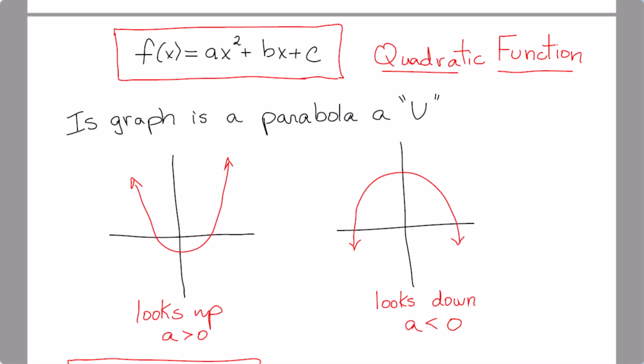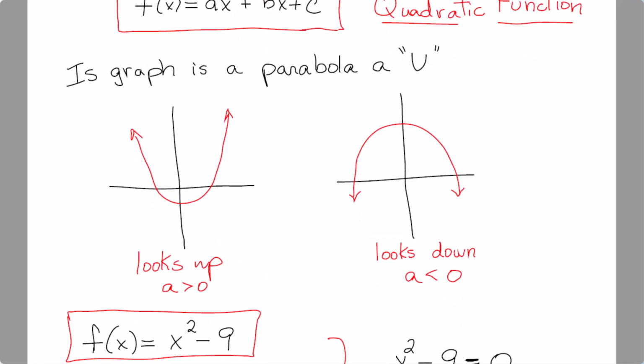That's all a quadratic function can look like, is a U shape. The lead coefficient tells me if it looks up or it looks down. So positive in the front, it looks up. Negative in the front, it looks down.